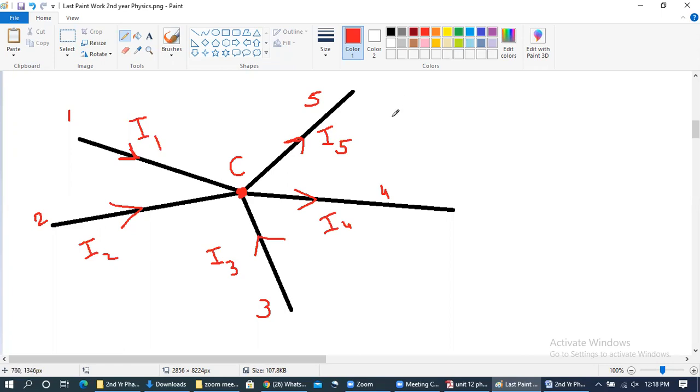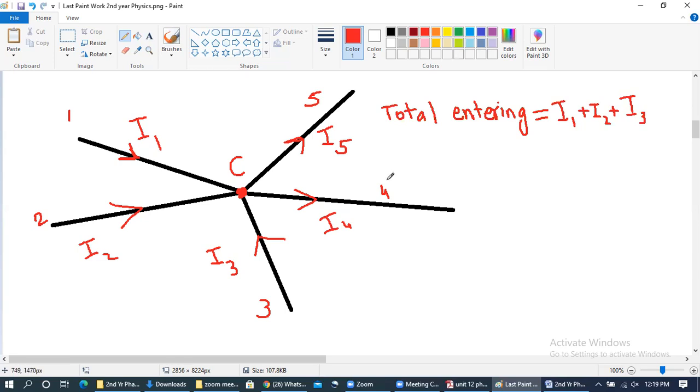So the total current entering this point is equal to I1 plus I2 plus I3, because all of these currents are entering this point.